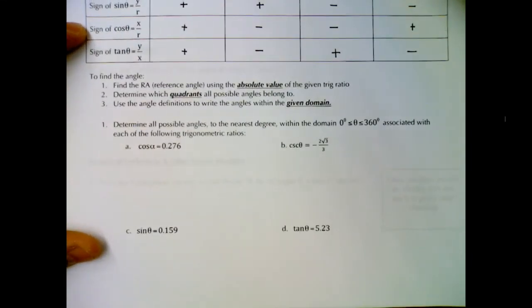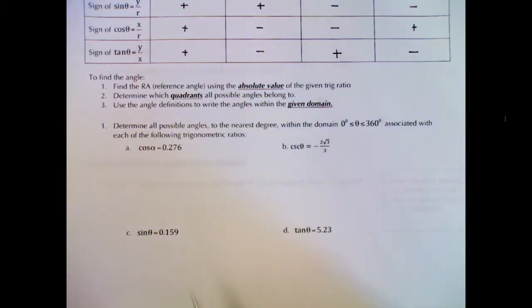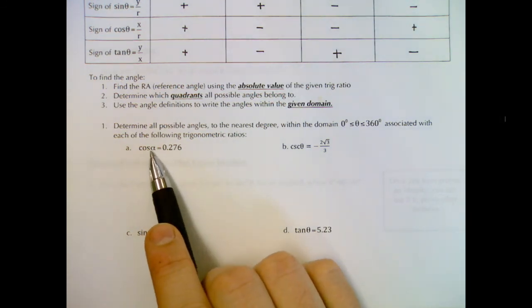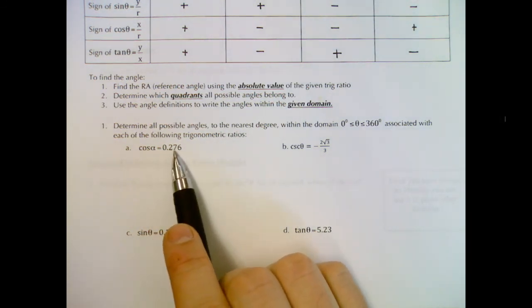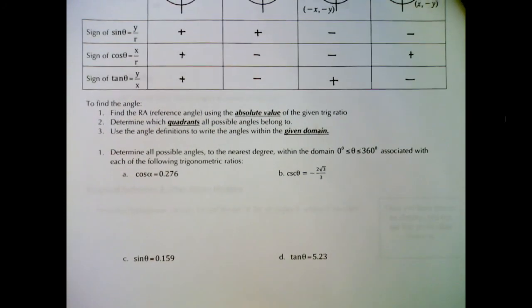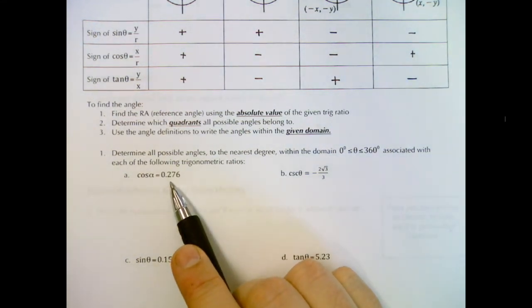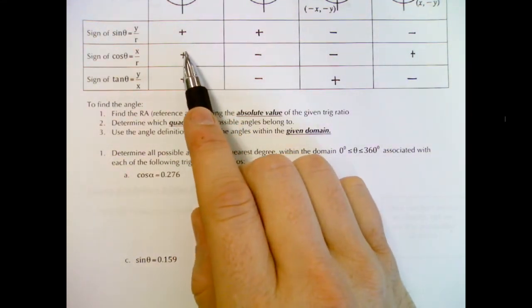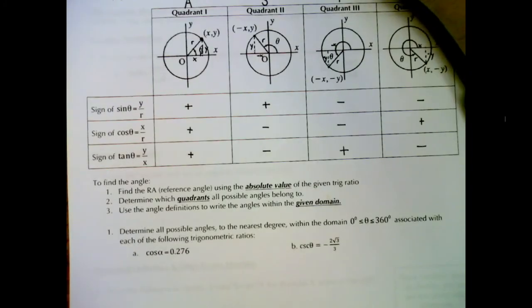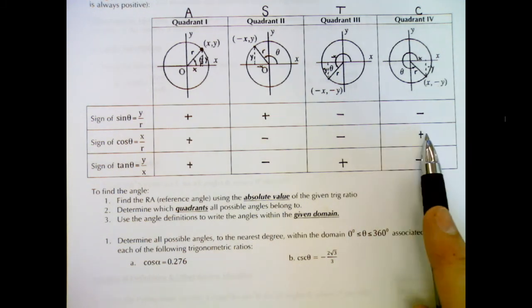it's important because if we're asked to solve for an angle, we need to know where those angles could be. For example, if we were finding cosine of an angle equals 0.276, the places where the angle could be would be the quadrants where cosine is positive. And if we go up and look at our CAST rule, it's positive in quadrant 1, where they're all positive, and quadrant 4, where cosine is positive.